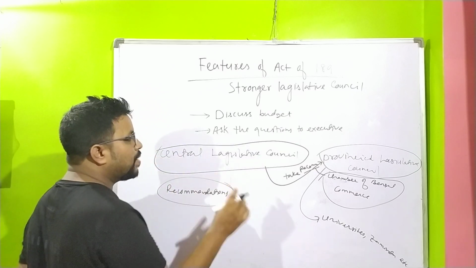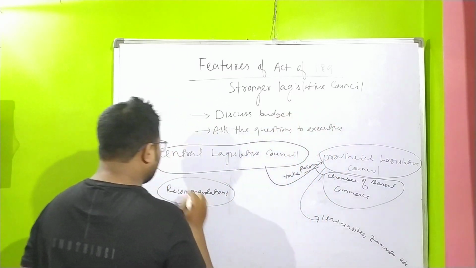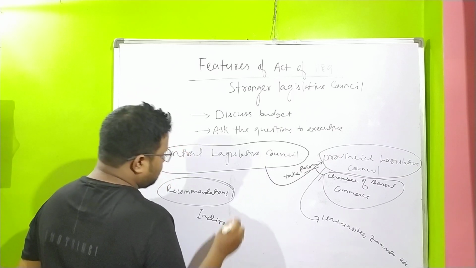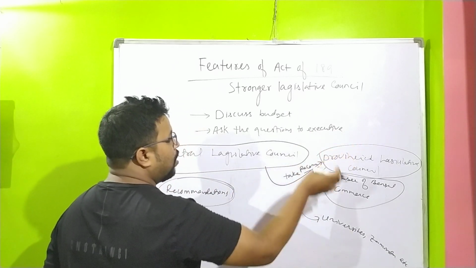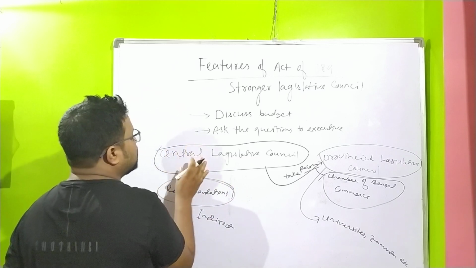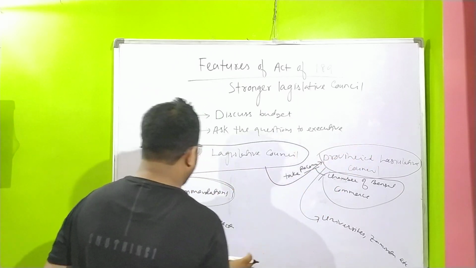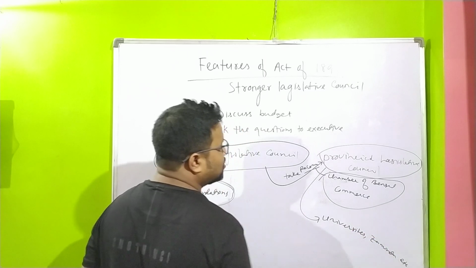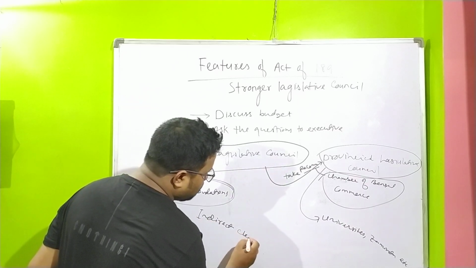These recommendations, taken for nominating members to either the Central or the Provincial Legislative Council, were assumed to be an indirect election.